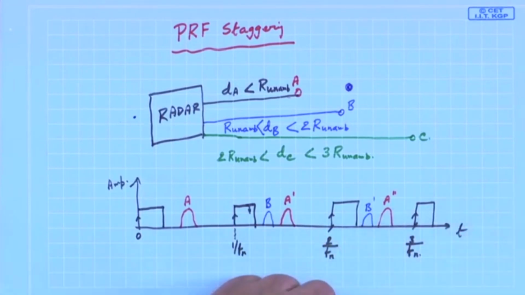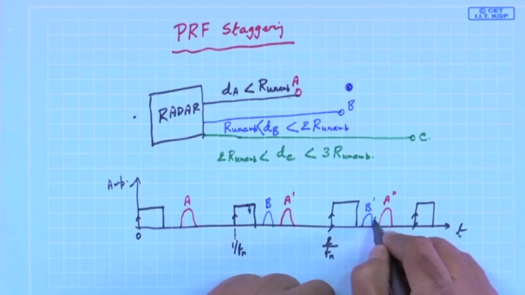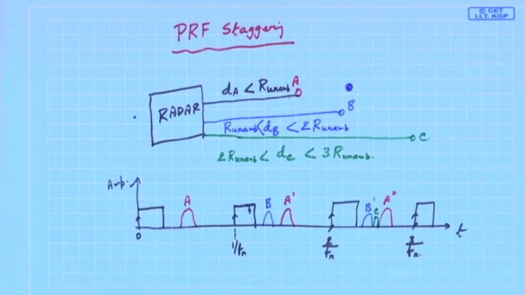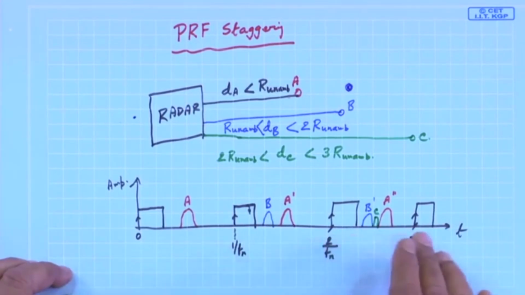Now let us say that C has come here. Actually, after some initial measurement, this thing will go on repeating.